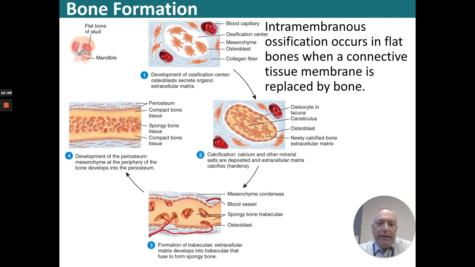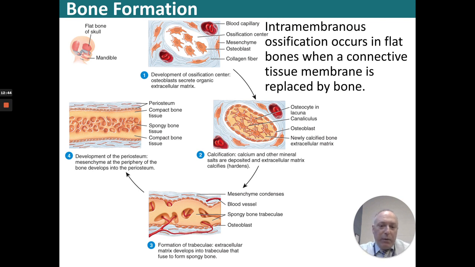This is what occurs in flat bones, like the flat bones of the skull. And the first step is to develop an ossification center where the osteoblast secretes its matrix. Then calcification ensues, where calcium and other salts are hardened, and you start to form the osteon.